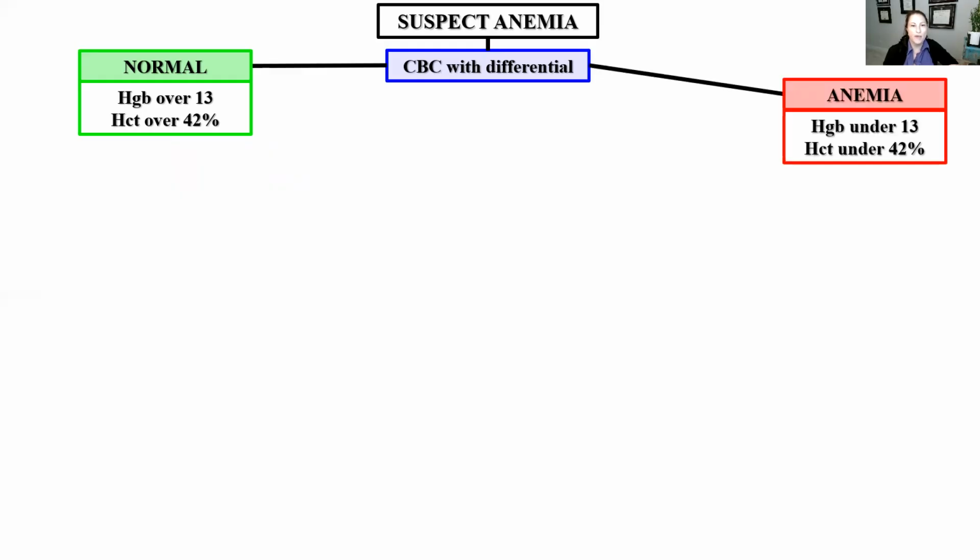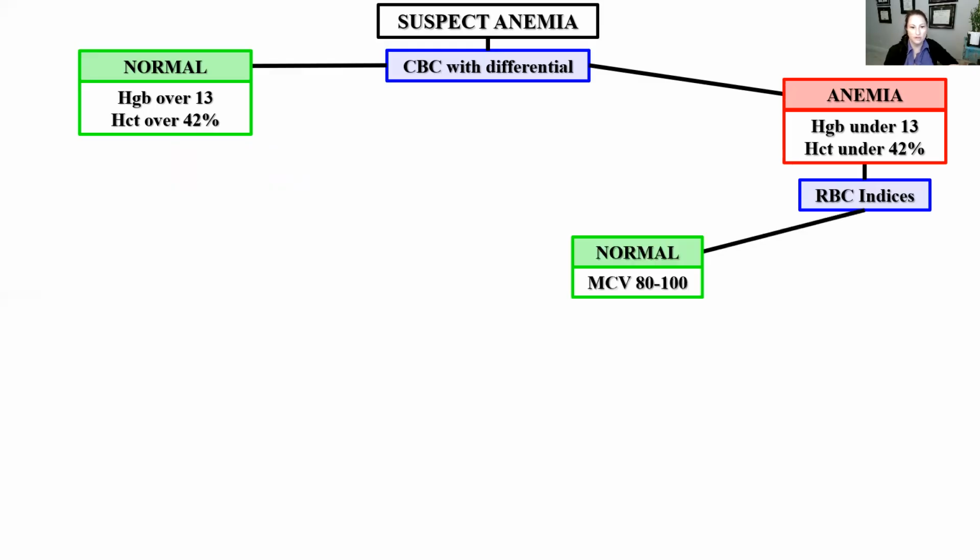If their CBC comes back and there is anemia, so we have a hemoglobin under 13 or hematocrit under 42, then we have to start thinking about how to sort out what this anemia could be. Let's look at our red blood cell indices. These tell us how dark or how pale, how big or how small those red blood cells are.